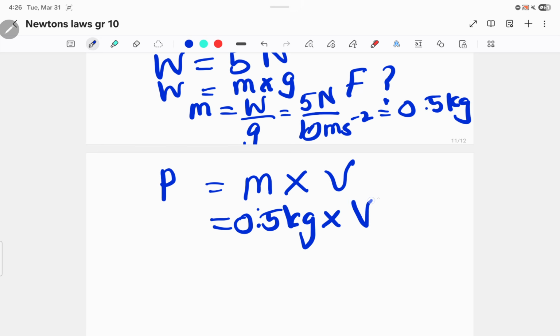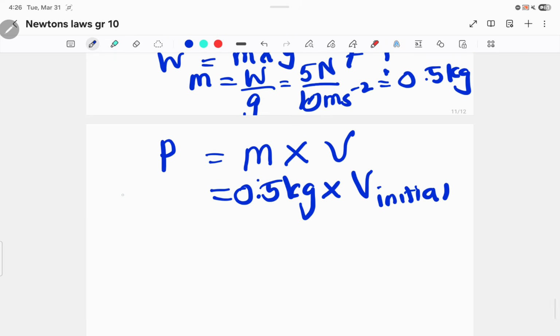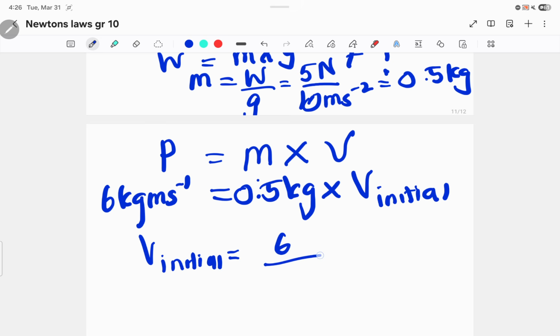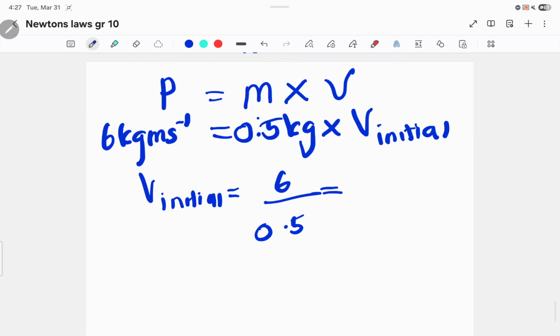Now you know the mass, 0.5 kg. The momentum is given as 6 kg m s^-1. So the initial velocity V is 6 over 0.5. What is the answer? 12, right? 12 meters per second.